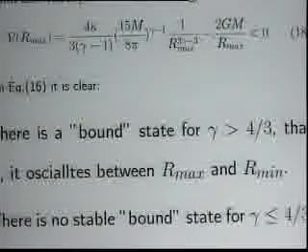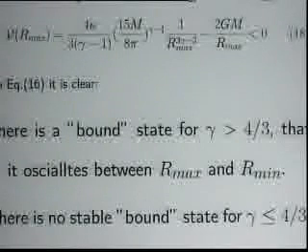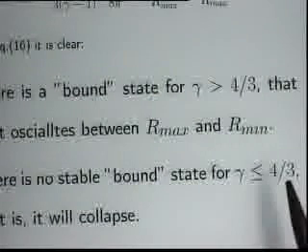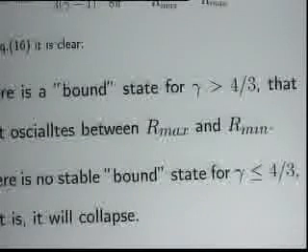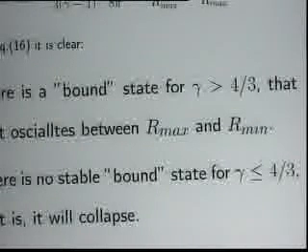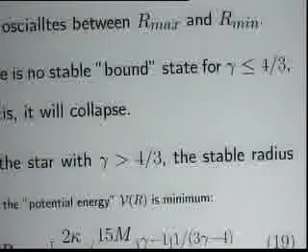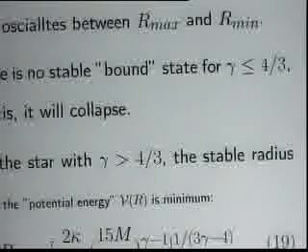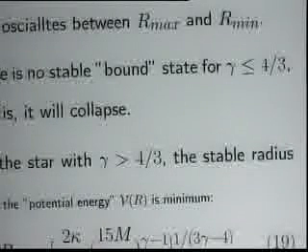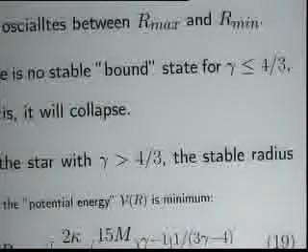So from this curve, it's clear that for gamma greater than 4/3 there is a bound state. In other words, it oscillates between maximum radius and minimum radius. For gamma less than or equal to 4/3, there's no stable bound state. In other words, the star will collapse. For a star with gamma greater than 4/3, one can find the stable radius, in other words, this point. And it is given by equation 19.